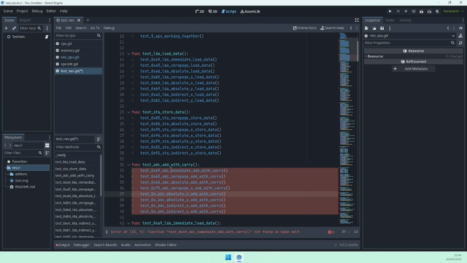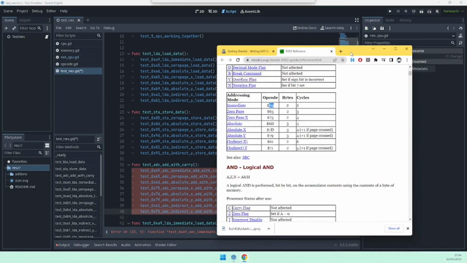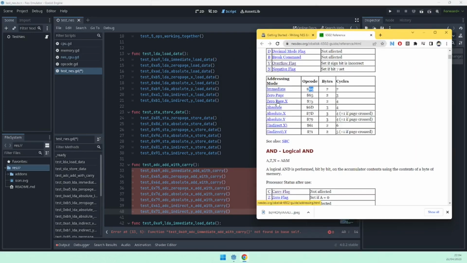No, this is absolute X is 7D. Absolute Y is 79. Indirect X is 61, and indirect Y is 71. So let's see, do we have all of them? 1 2 3 4 5 6 7 8. 1 2 3 4 5 6 7 8. Okay, awesome.